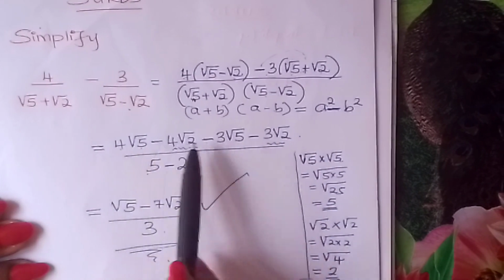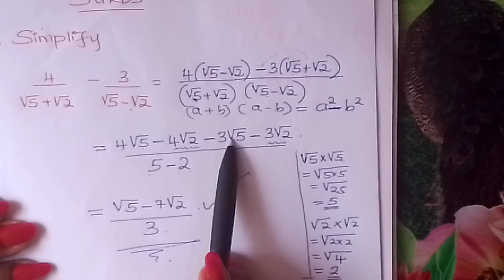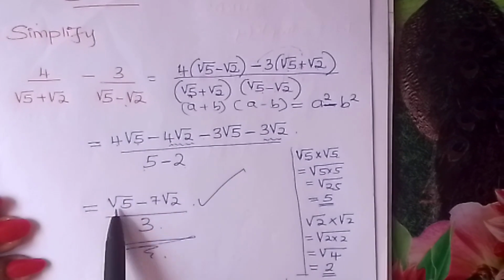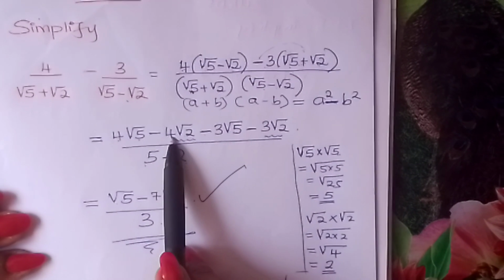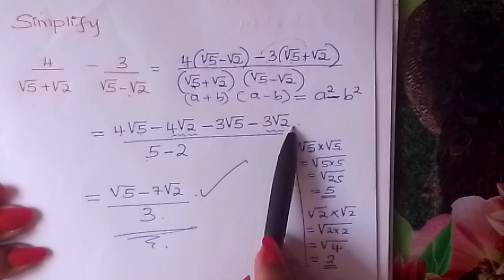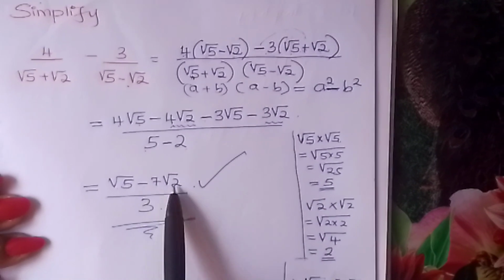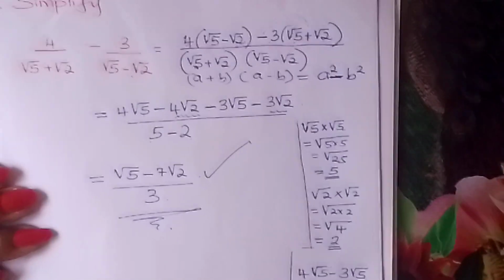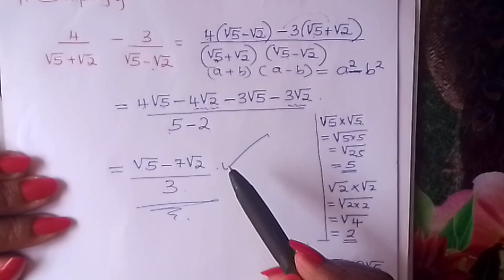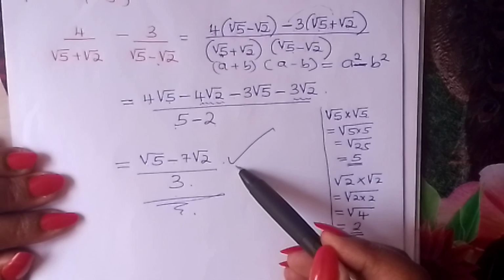From there, put the like terms together accurately. This minus this will give us root 5. Negative 4 root 2 minus 3 root 2 will give us negative 7 root 2. Then divide by 3. And there is our answer.